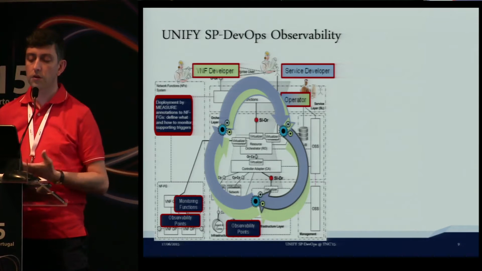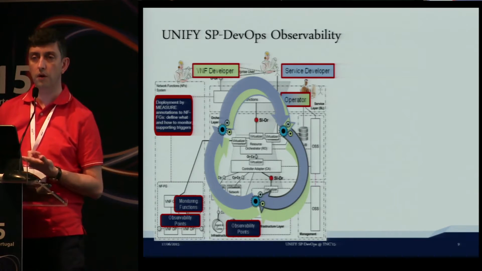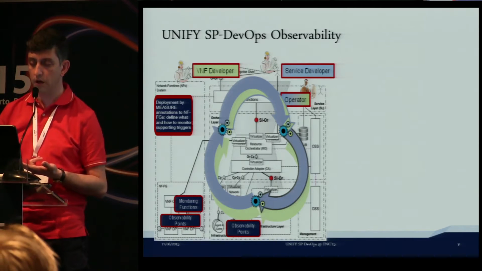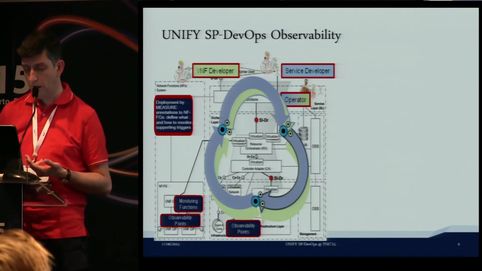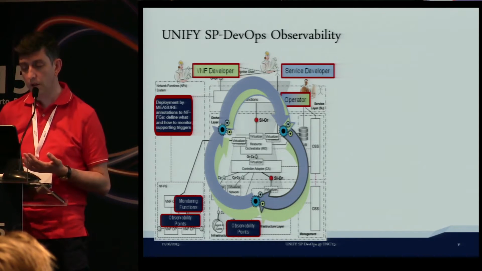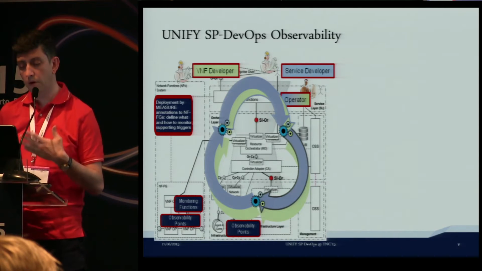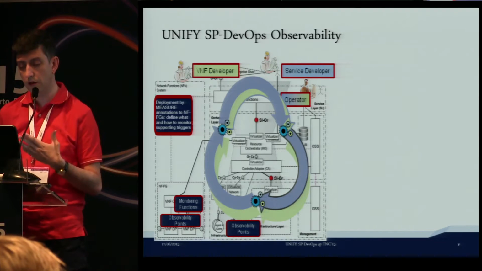And we looked at how we can help these roles from a monitoring and verification perspective. In my presentation today, I will focus on the monitoring side. So what we need is to integrate the monitoring capabilities with the resource and the service orchestration.